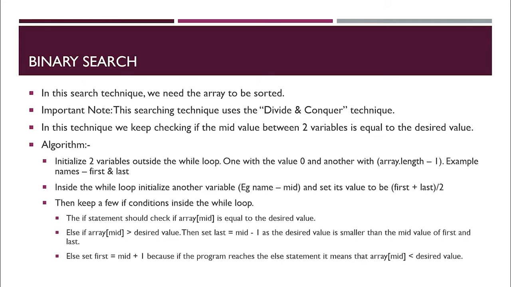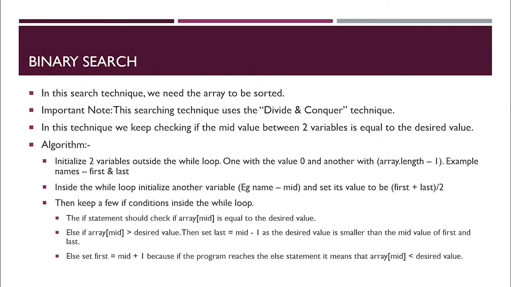Now, we have to keep a few if conditions inside of the while loop. So the first if statement can be: if array[mid] is equal to the desired value, then you can perform whatever code you want or you can just return that value. And then if it's not equal, we should check if array[mid] is greater than the desired value.